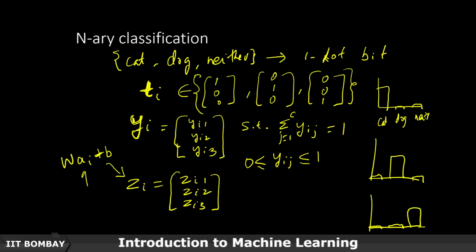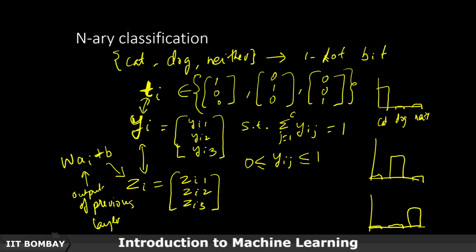And what is this activation? It is the output of the previous layer, the last but one layer. This can have a different dimension than z, but z, y and t, all three of these, will have the same dimension.